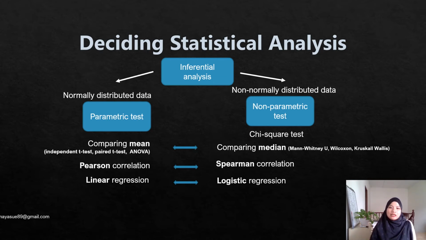Linear is under parametric tests because we have the assumption of normality of the distribution of the outcome. But for logistic regression, there is no such assumption, and the outcome should be a categorical variable, either dichotomous or ordinal.